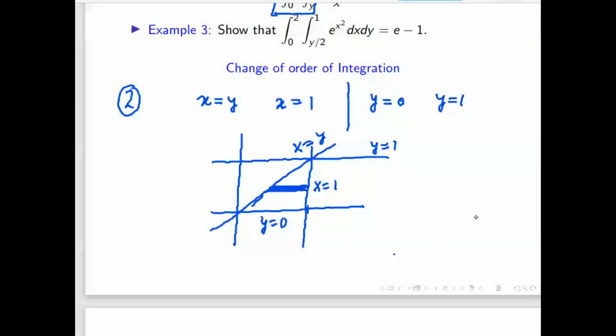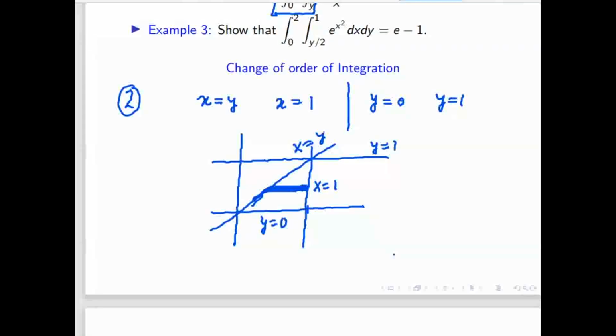parallel to the x-axis, and from this strip one end, that is the left end, is x equal to y, and the right end is x equal to 1.